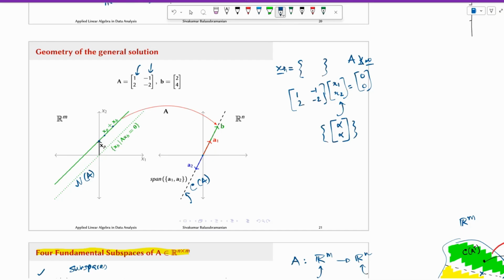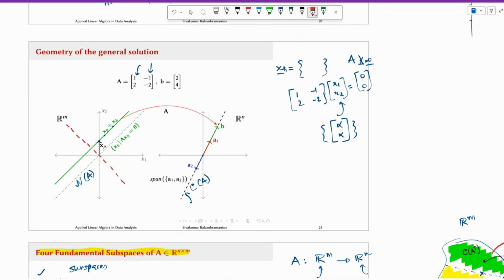Okay. And if you remember, I said, well, if you move parallel to the homogeneous solution, AX does not change. But if I move perpendicular to the homogeneous solution, then AX does change. You get a new value for AX. So what that will mean, as we'll see later in the next module, a subspace that is orthogonal to the null space.